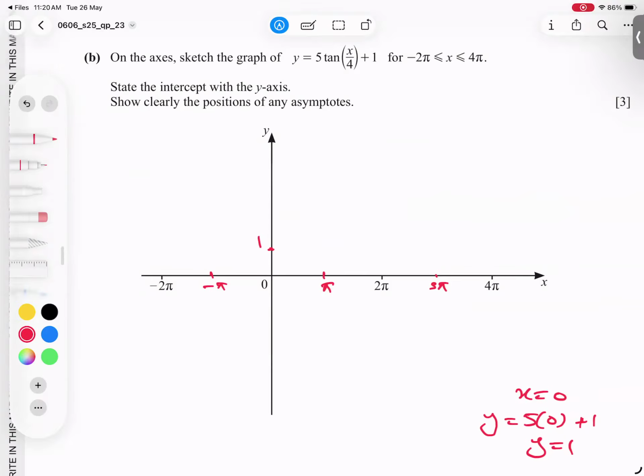Okay students, now when I plug in 2 pi in this equation, you will get an asymptote. Asymptote means infinity. And not only here, even when you plug in negative 2 pi it will give you undefined.